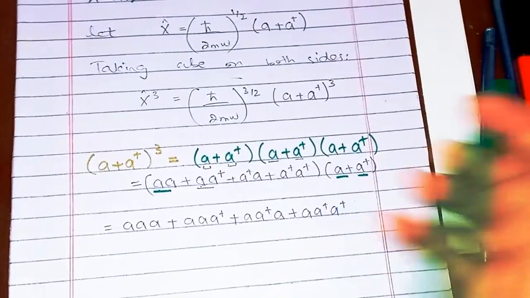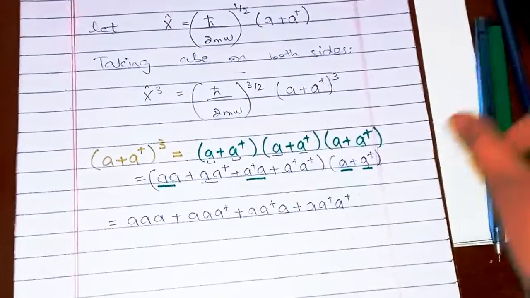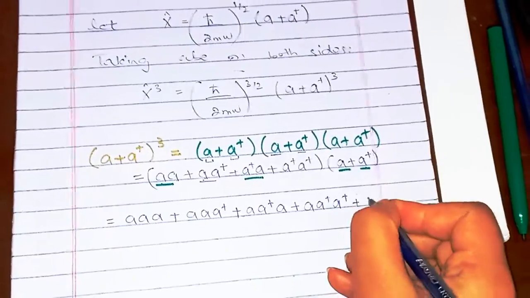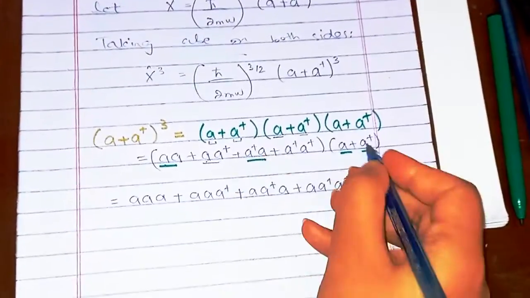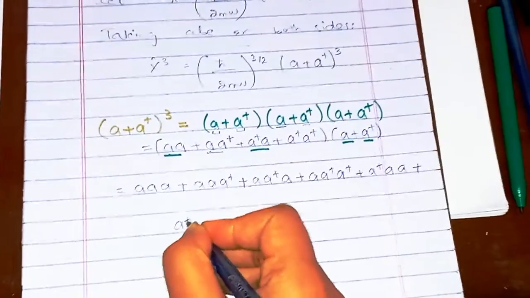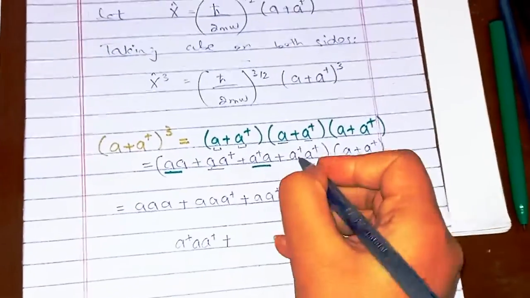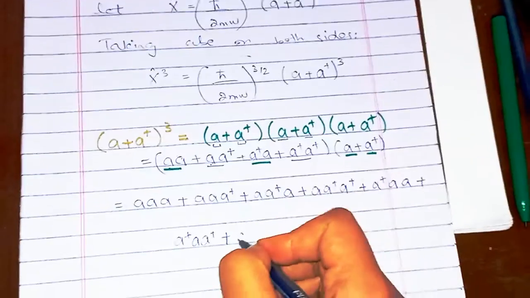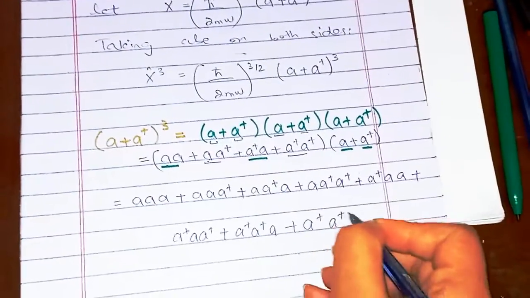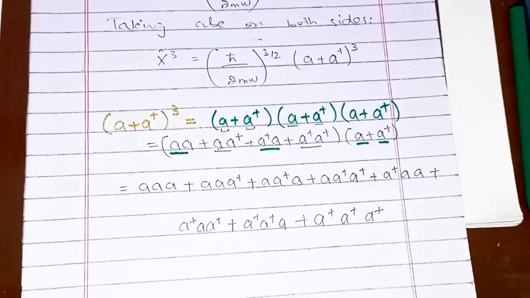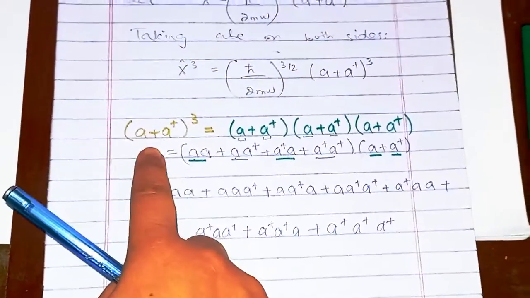Next, we are going to multiply a† a with these two, so it's a† a a, a† a a†, and finally the last term, a† a† a†. Okay, so that is what this cube equals.